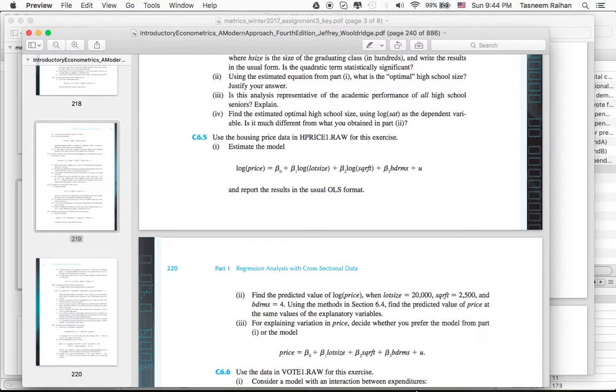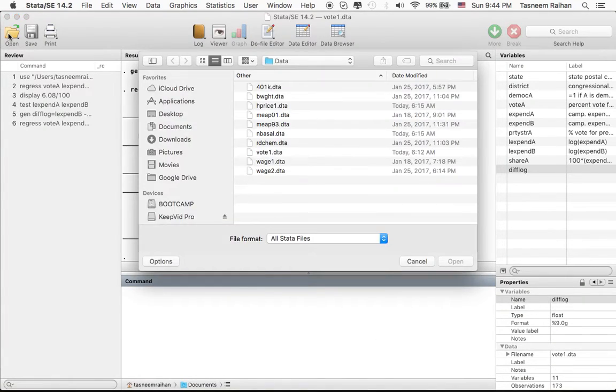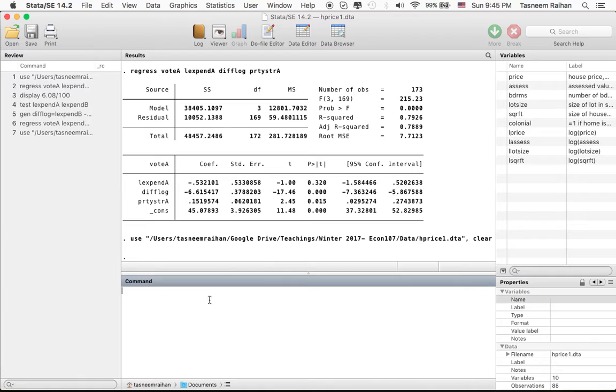So let's go to Stata. Open our new data file hprice1. I don't want to save, but if you want to save, you can. Okay, so let's do the regression first.